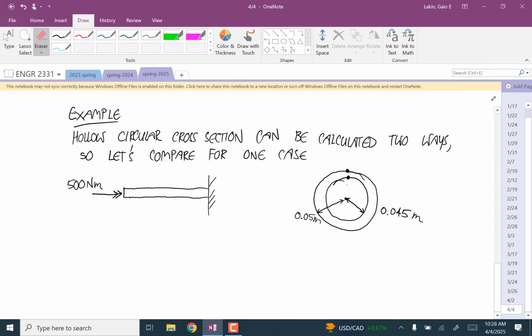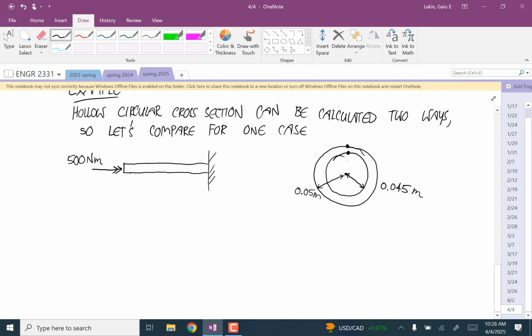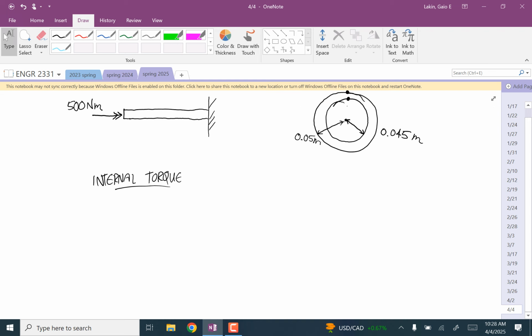And I guess we might as well first do the internal loads. So the internal torque, just make sure we get this right. There's only one cut.